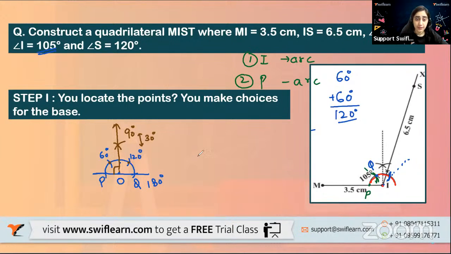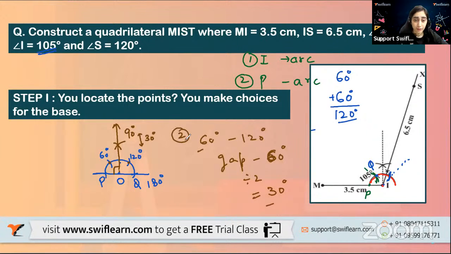So by adding 60 plus 30, I'm able to get the 90 degrees. You can take it like this also. This is the second method of thinking about it.